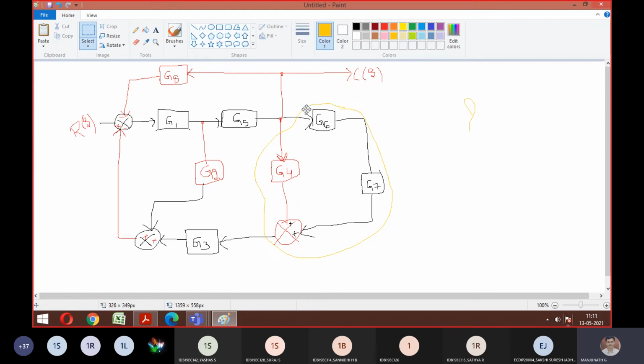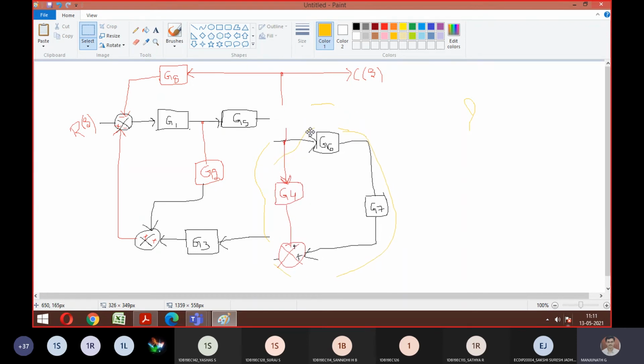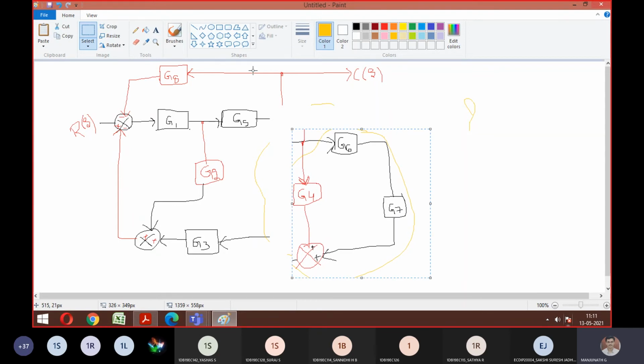So this part, let me move a little bit downward. Then you can write your C of S like this. So is it possible? Yes, sir. So this is what I told. So is it how it looks?